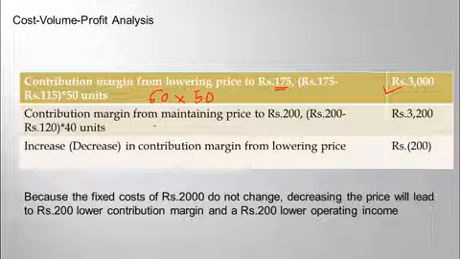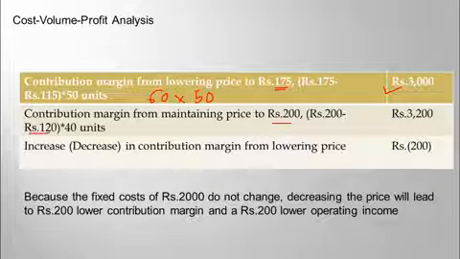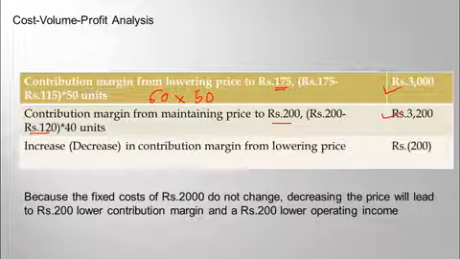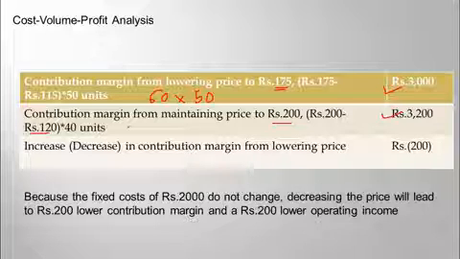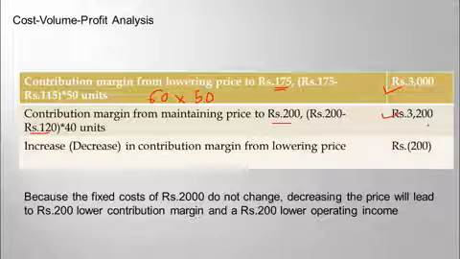The contribution margin from maintaining price 200 for 40 units will be rupees 3200, because 200 minus the variable cost of 120, the difference is 80. So previously the contribution was 3200. Now the contribution is rupees 3000.